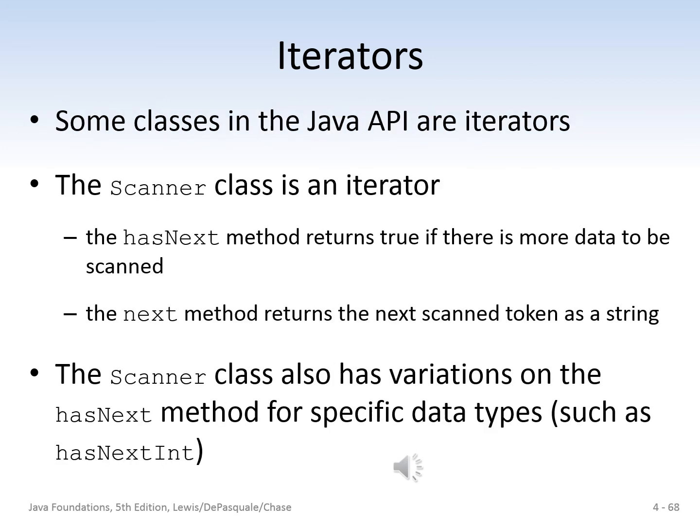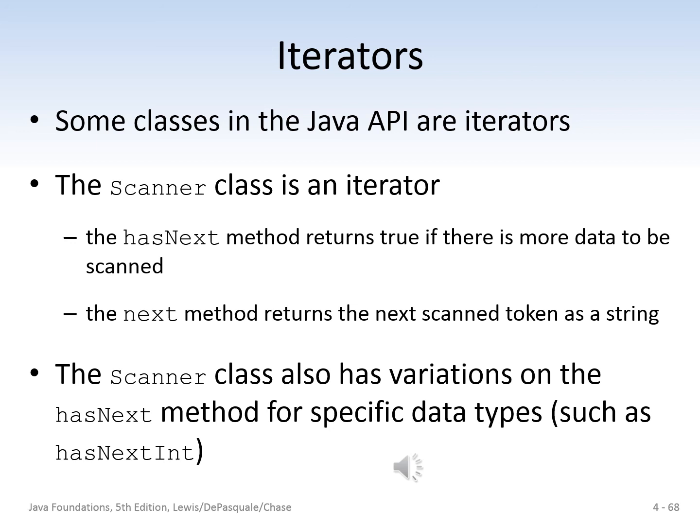Some classes in the Java API are iterators. The scanner class is an iterator, which means, no pun intended, it has the hasNext method, which returns true, and it has the next method, which returns the next scan token as a string.